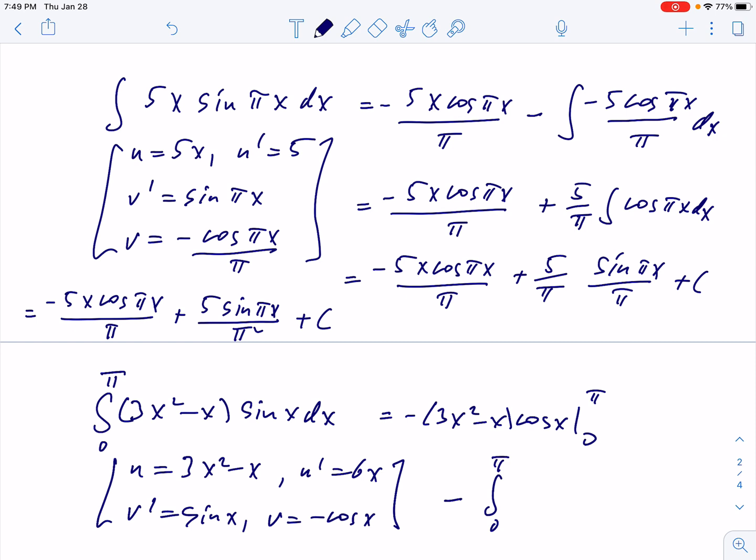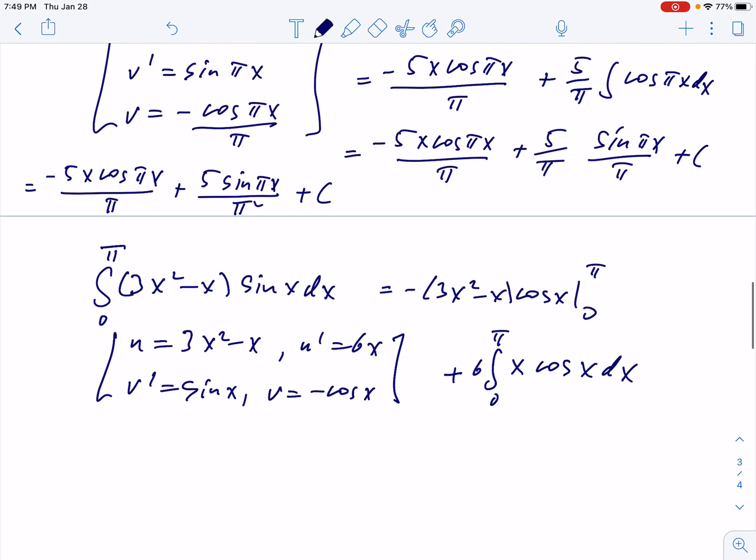You see, there are two negative signs here, so this becomes plus, and u prime is 6x, so I can put 6 outside, and it becomes here x cosine x dx. Okay, now this second integral on the right side, we cannot solve immediately. It also requires integration by parts. So we can do this separately.